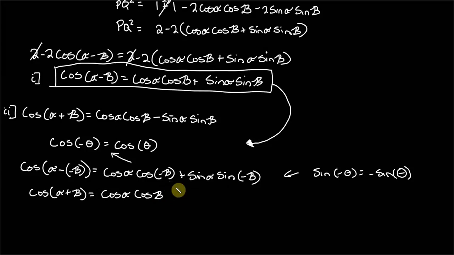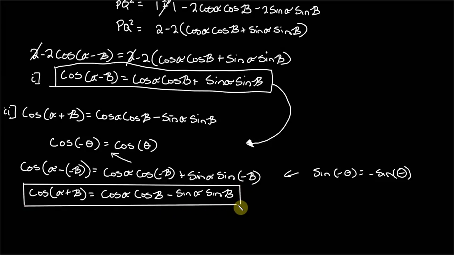Hence we end up with this becoming negative, and we can just pull that negative out front, so we get negative sine alpha sine beta. And that is our second identity for cos(alpha plus beta). So we've just proven cos(alpha plus beta) equals cos alpha cos beta minus sine alpha sine beta.